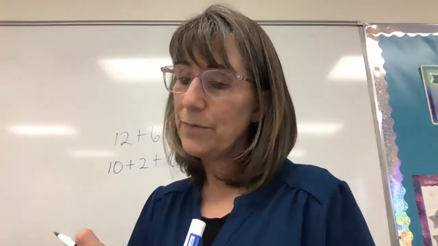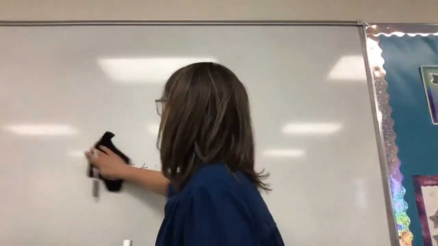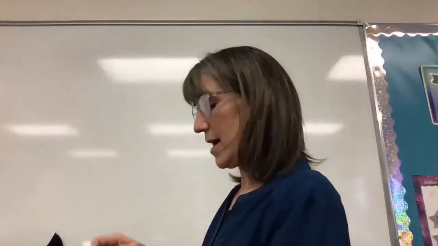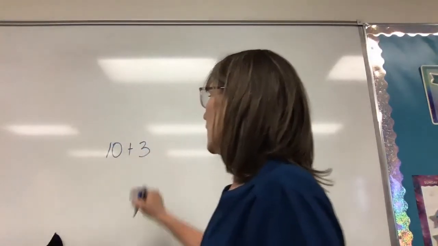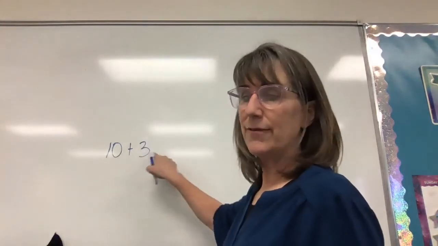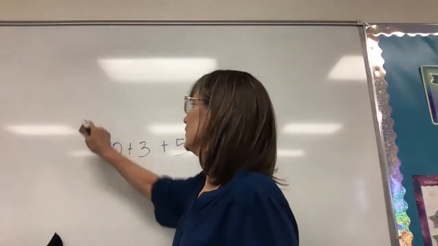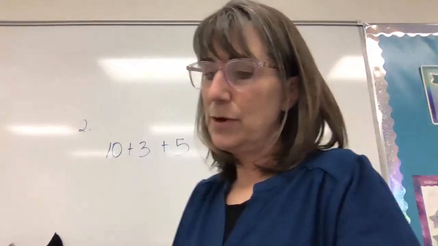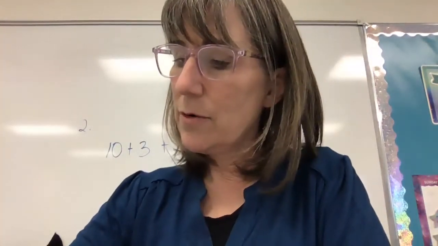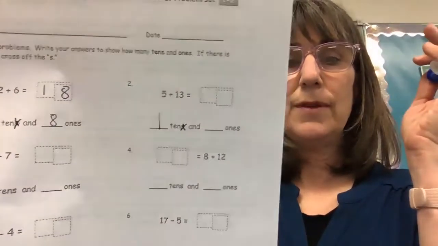Number 2, 5 plus 13. Well, we're going to break down 13 first, and we're going to say 13 is the same as 10 plus 3. That's our 13 plus 5 more. This is number 2. Okay. So if we have 1 ten, let's put 1 ten there. We're going to cross off the S, just like we did last time. 1 ten.